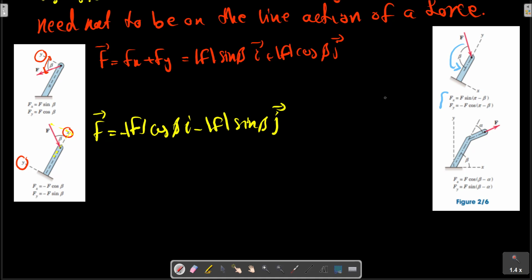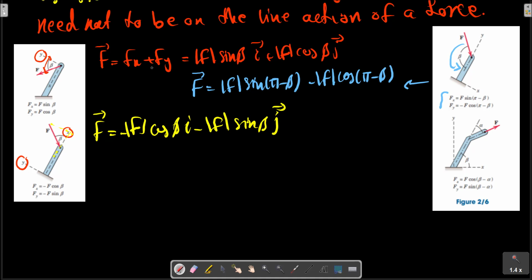The component is different. And the last case is also the x and y component is arbitrary and chosen in this direction.